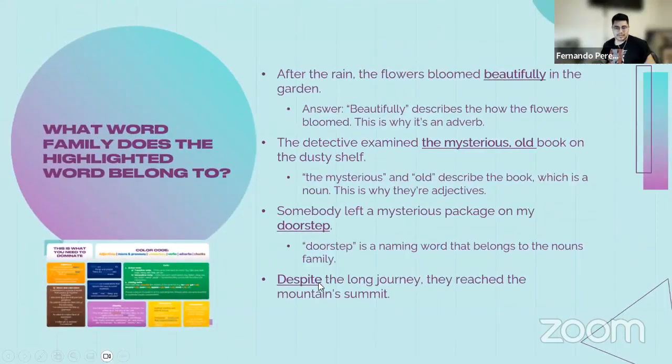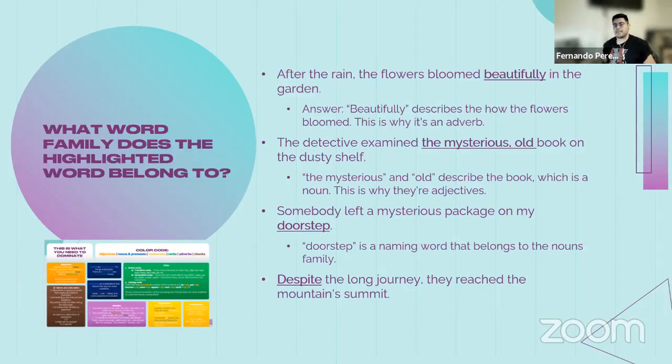In this case, we are describing a negative relation: on the long journey, and they. This is describing something that you were expecting, but didn't happen.